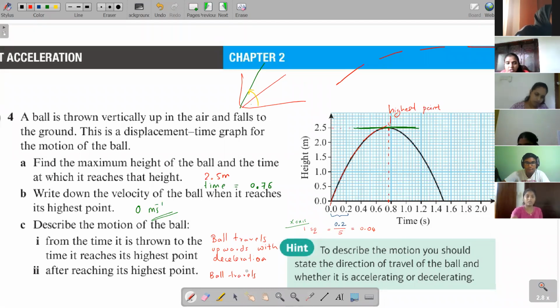The ball accelerates downwards. This is the answer for part 2.